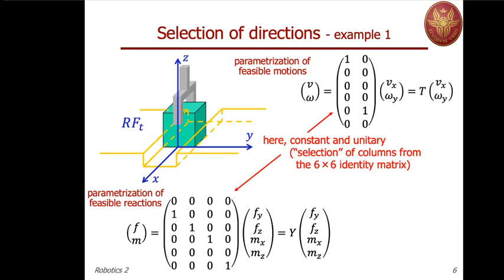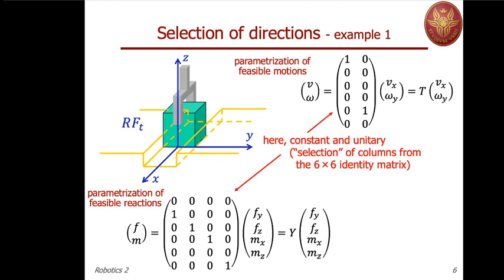We are selecting and placing in the proper order those columns, because the terminology of selection matrices was the one originally used within the hybrid force motion task formalism. We'll see that this can be generalized, and in the third example this will be very clear.